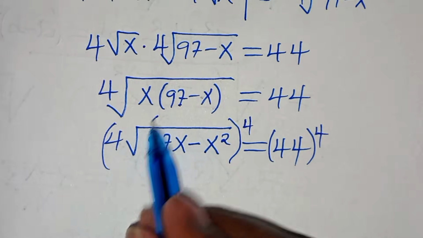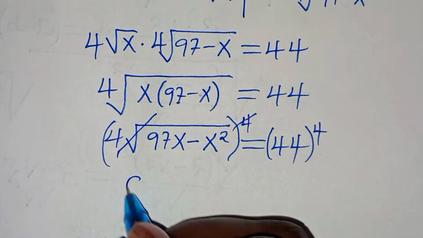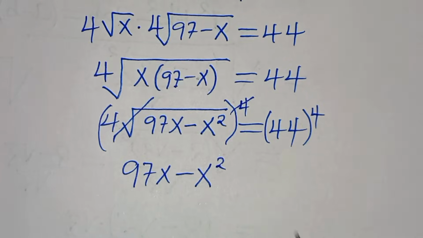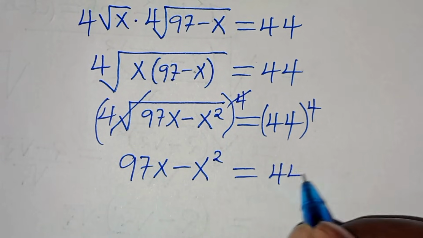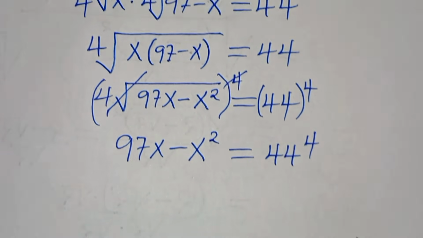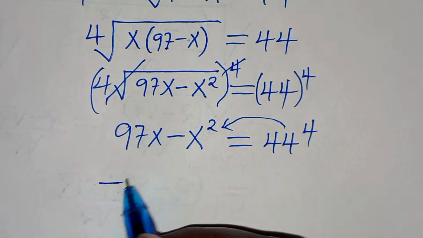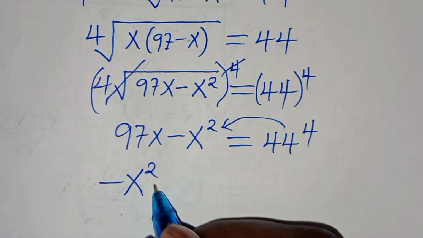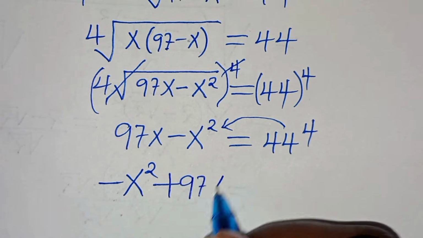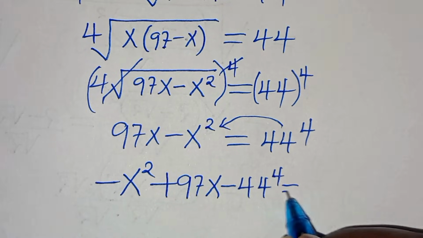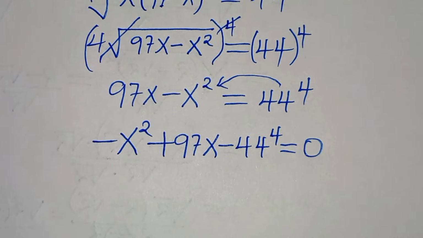So that now, here we have 97x minus x to the power of 2. This is equal to 44 to the power of 4. Let's take 44 to the power of 4 on the left hand side. So we have minus x to the power of 2 plus 97x minus 44 to the power of 4. This is equal to 0.